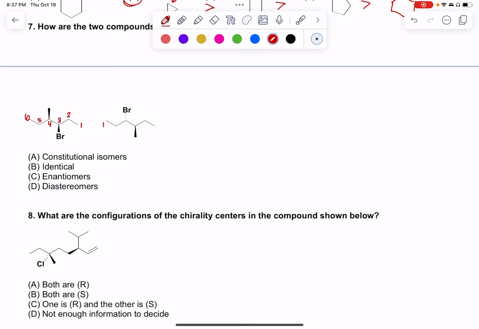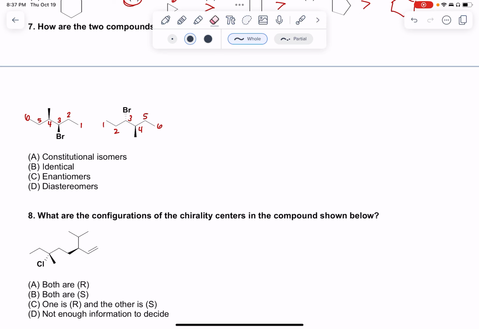We're going to start here and we're going to go this way because we want bromine to be on the same number carbon, right? Because they're all either isomers or identical. And so it's not like a different compound. I mean, it's not a completely different compound. So we want to number them the same.